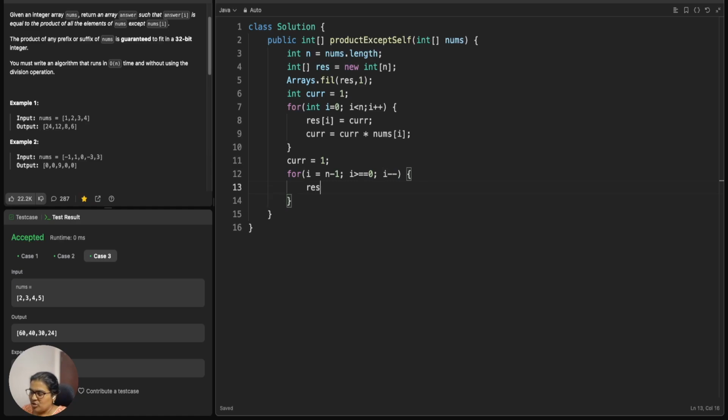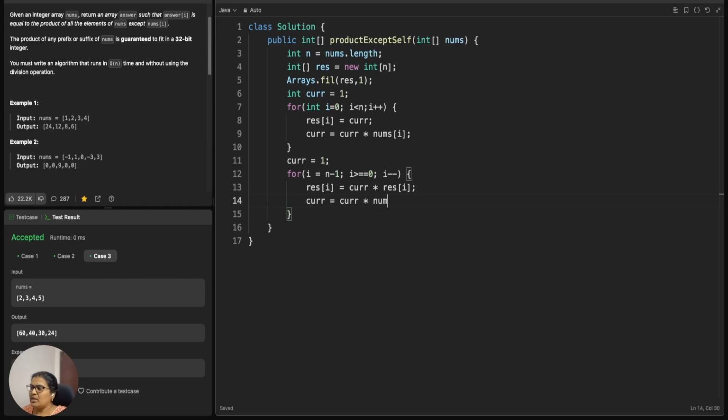So result of i would be, in case of a prefix, we just did current. Here we have to do current into result of i. So current carries the suffix product, result of i carries the prefix product. To get the actual answer, we have to multiply both. And we have to update current to carry the product of all its suffixes.